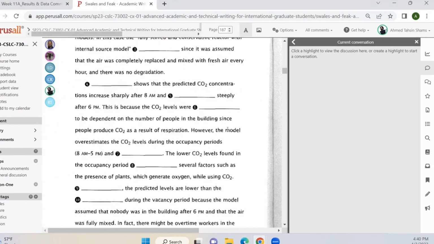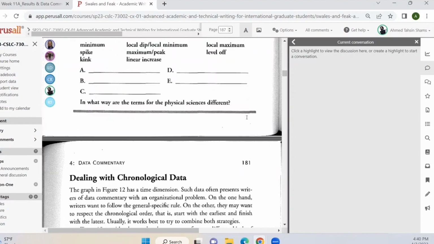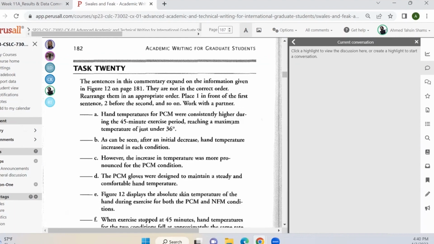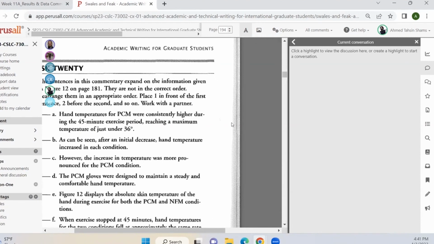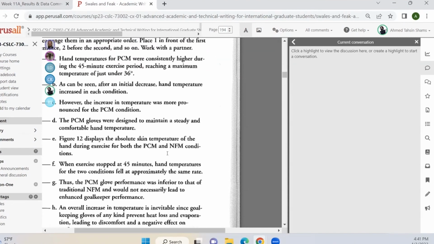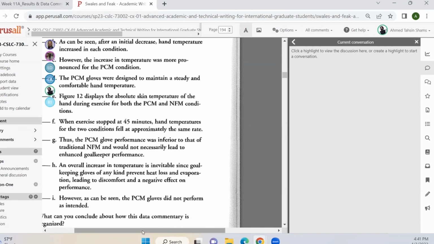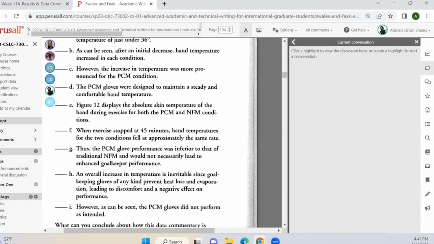Now, we have 5 minutes, so what we can do, based on this structure, can we rearrange an unorganized data commentary? Like page 187, if you type, it will take you here. Let's do it in the same group. We have A, B, C, D, E, F, G. How many sentences? 9 sentences, but they are not in order.